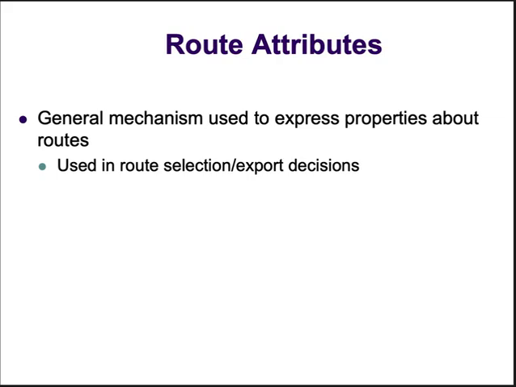And as you're going to see, all of the secret sauce, all the smarts of BGP is kind of packed into these attributes. So you can think of them as they describe a route. One way mentally to think about it is it's a set of key-value pairs associated with a route, where the key is a particular attribute type, the value is the value of that attribute. And we're going to use those to implement policy and to do route selection and route export decisions.